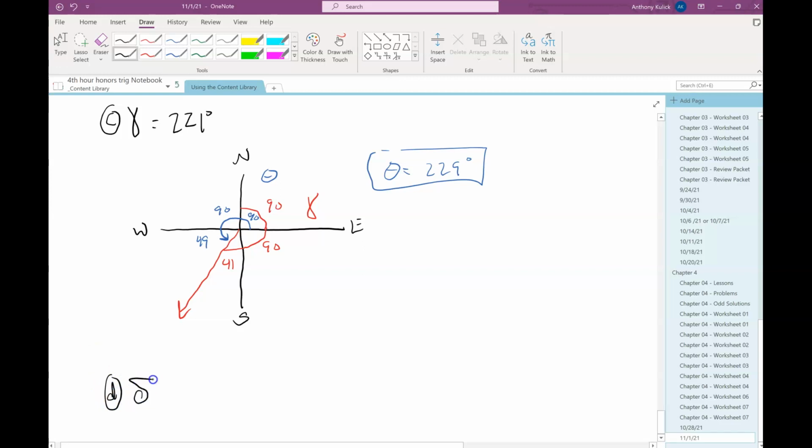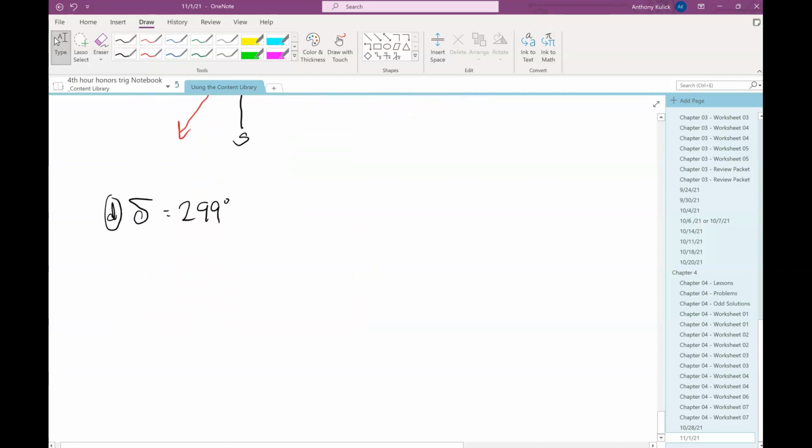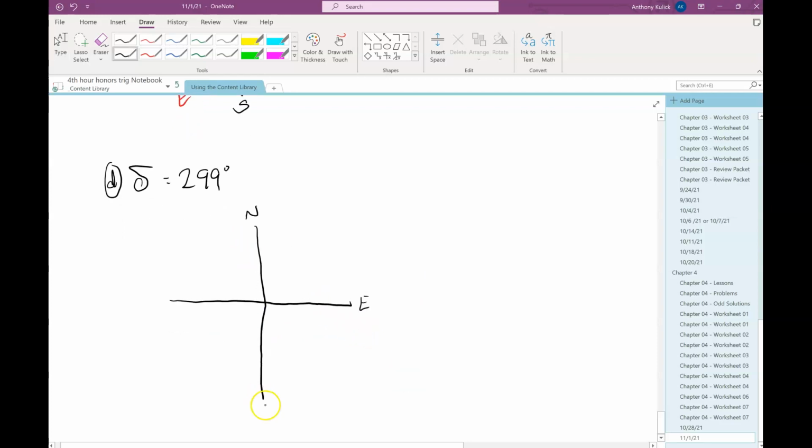One more. Say delta is 299. Let's see, we go 90, 180, 270, and then like 29 more.